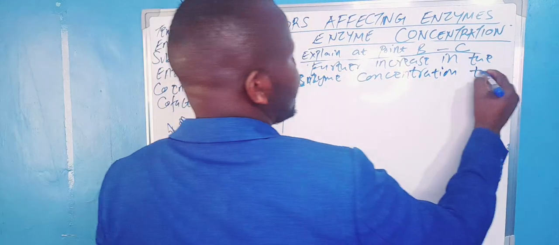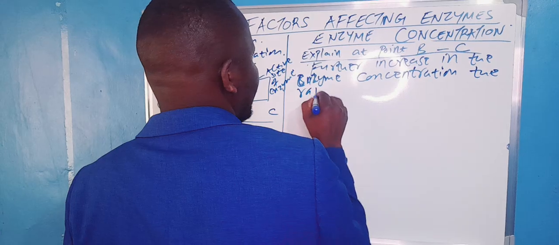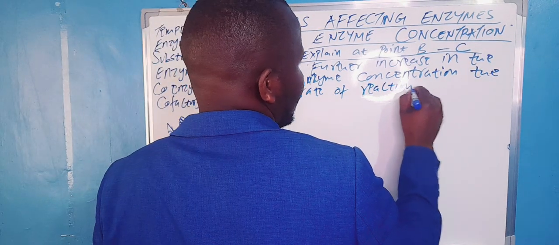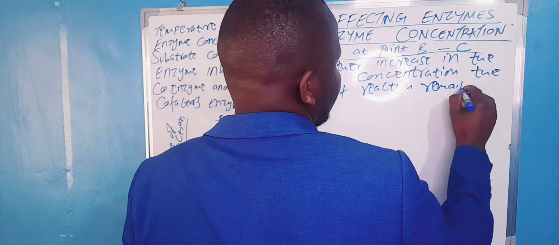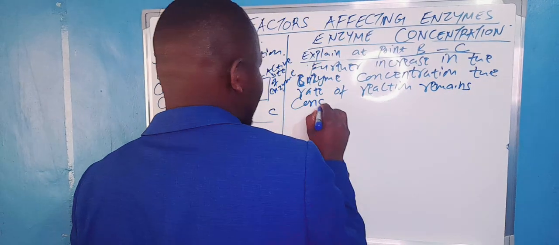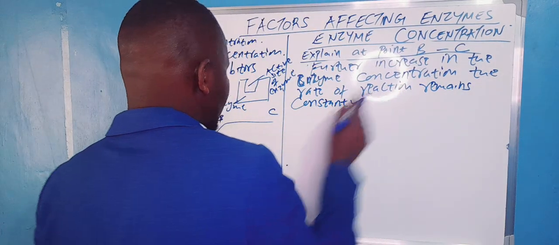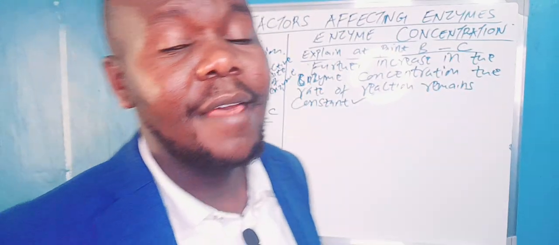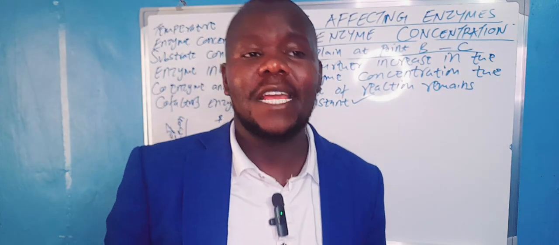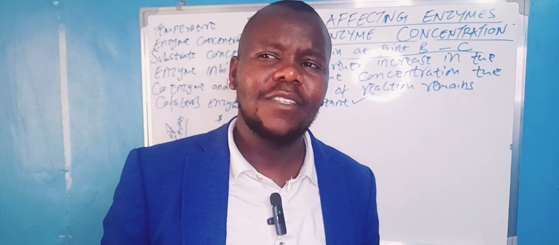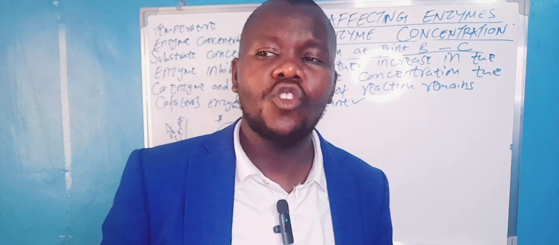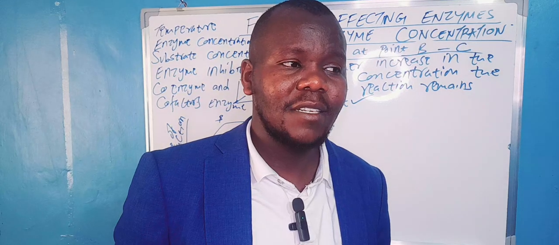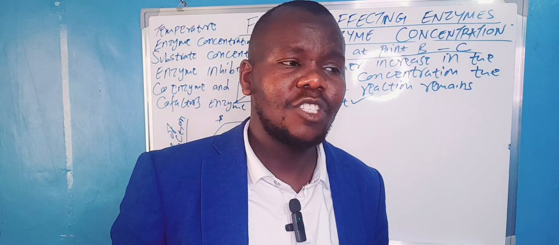The rate of reaction remains constant. You're further increasing enzyme concentration, so it means we are increasing the active sites of the enzymes. And when we increase these active sites of the enzyme, the rate of reaction also increases. What's the main reason? You are increasing the active sites, but it's remaining constant.